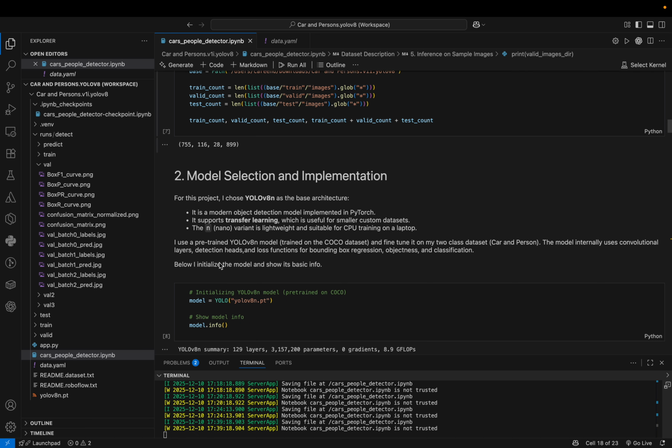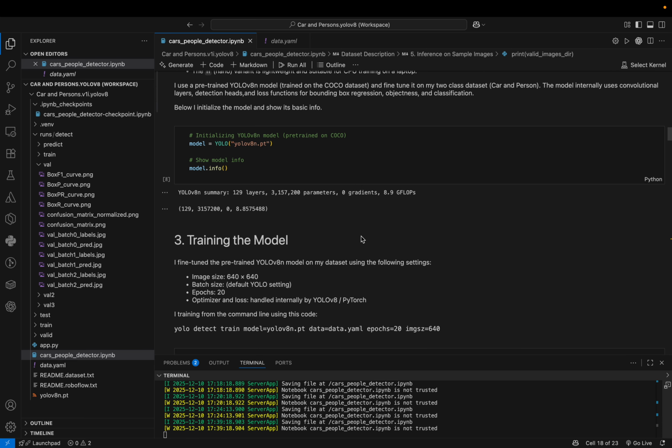So this model is implemented in PyTorch, and it supports transfer learning through Ultralytics. I use YOLOv8 N, and the N is nano, which is lightweight and suitable for my laptop because it runs on CPU.